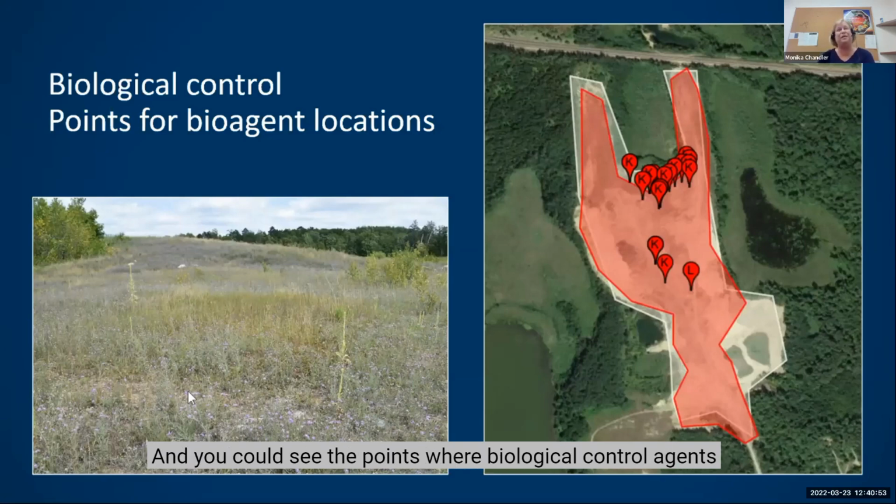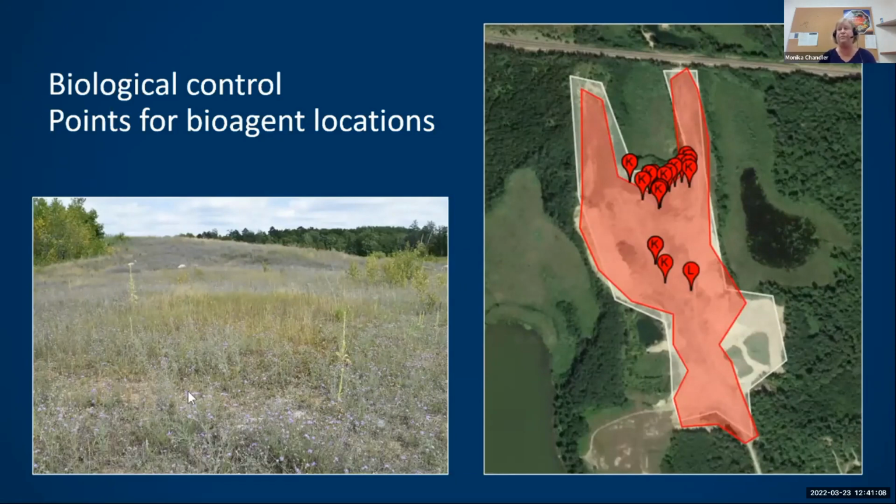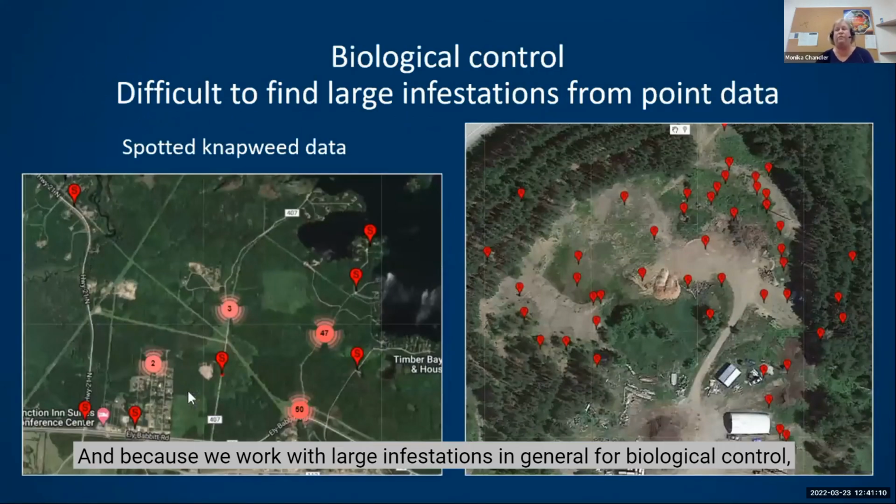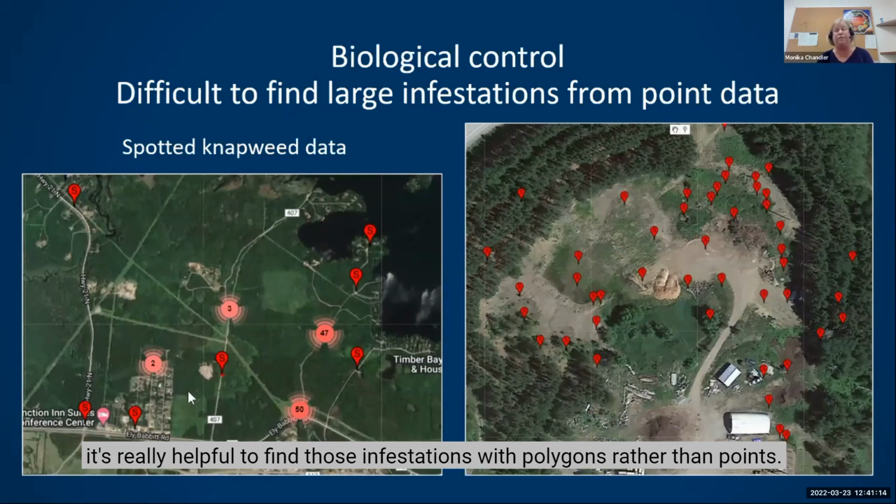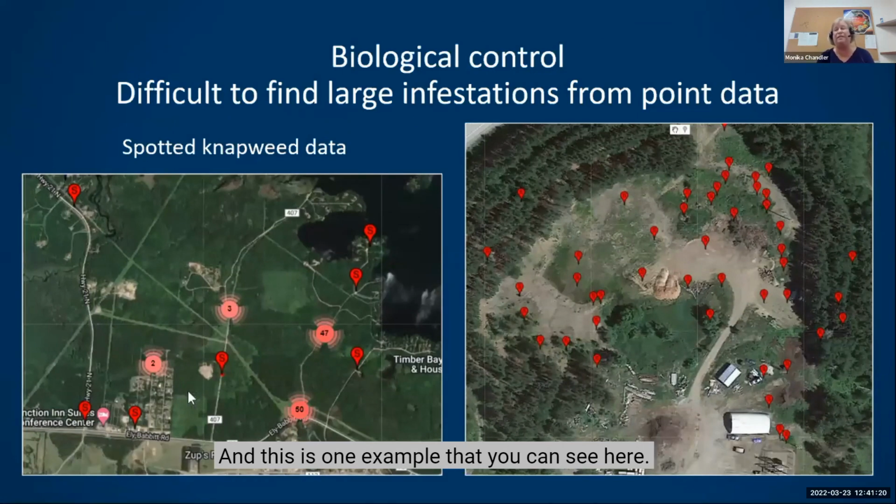And you can see the points where biological control agents were released, or if there's a monitoring report of a bioagent. So you can see those individual reports and the infestation overall. And because we work with large infestations in general for biological control, it's really helpful to define those infestations with polygons rather than points.